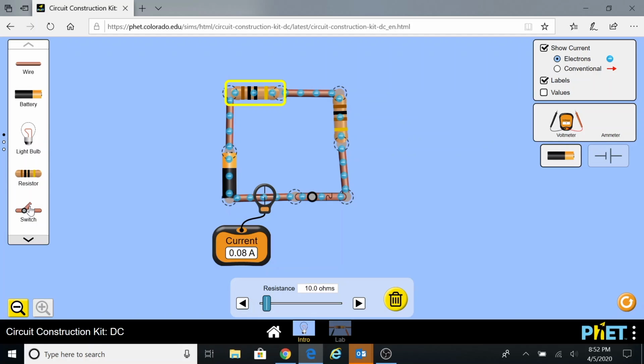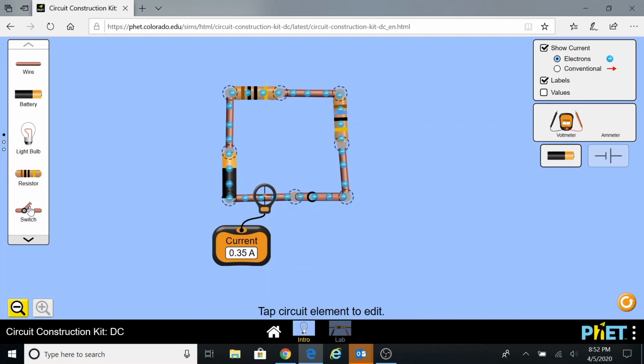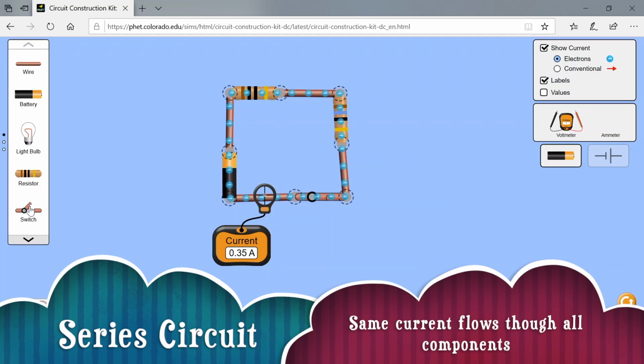So you have one resistor, you have a second resistor. And the two resistors together act essentially as one, so the battery sees one resistor. When resistors are like this, they are in series. Series means that the same current flows through them.